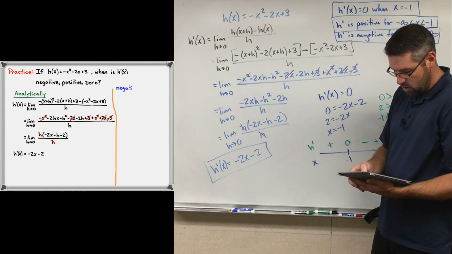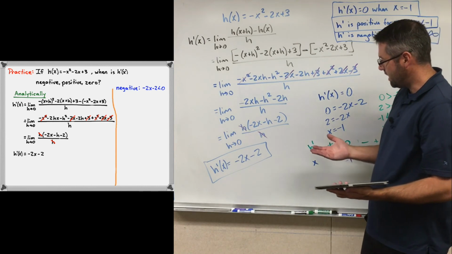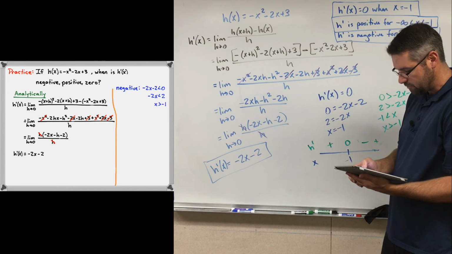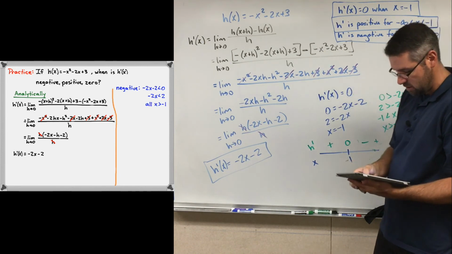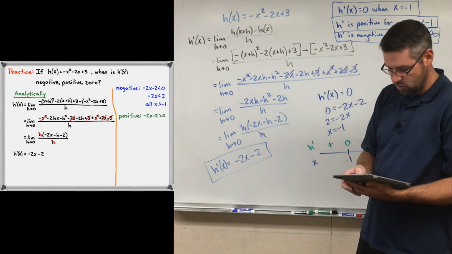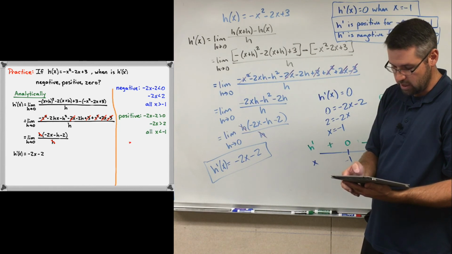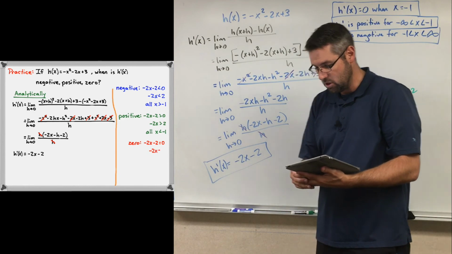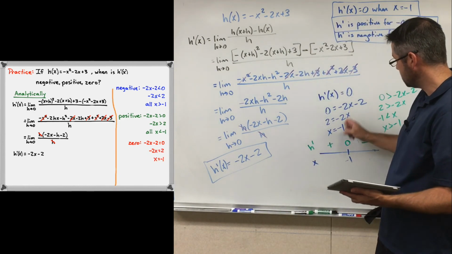Then we figure out when the derivative is negative by saying let negative 2x minus 2 be less than 0, and then solve that. So when x is greater than negative 1, or from negative 1 to infinity. And positive when negative 2x minus 2 is greater than 0, so when x is less than negative 1. And 0 when negative 2x minus 2 equals 0. We already did that. That's when x equals negative 1.